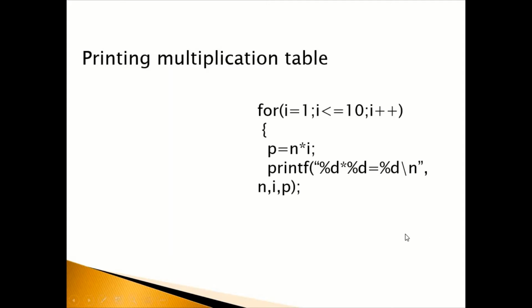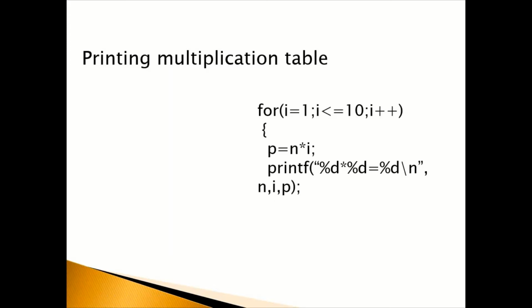That can be done by this printf statement: printf("%d into %d is equal to %d\n"). So at the place of the first %d, the value which is stored in n should be printed, and at the place of the second %d it should print the value of I.